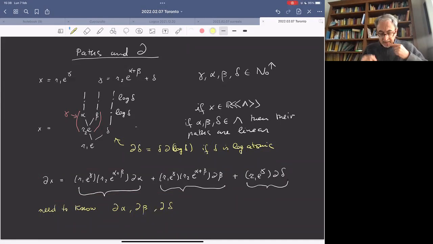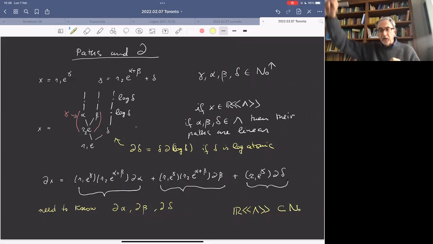The problem is that this works well if you are in the bracket of lambda. But as we said, the bracket of lambda is properly included in the surreal numbers. So there might be situations in which you have paths which never meet a logatomic number. And we have to decide what to do in that case.